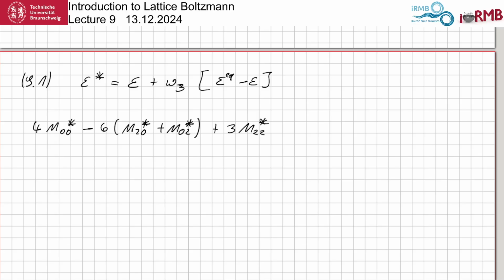Then we have m22 after collision equal to 4 times m00 before collision minus 6 m20 before collision plus m02 before collision plus 3 times m22.